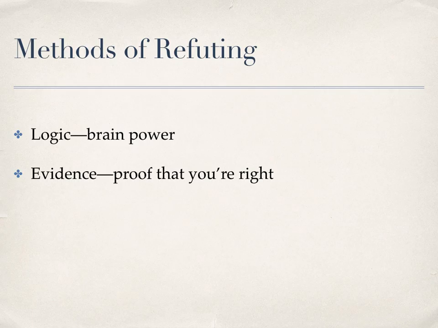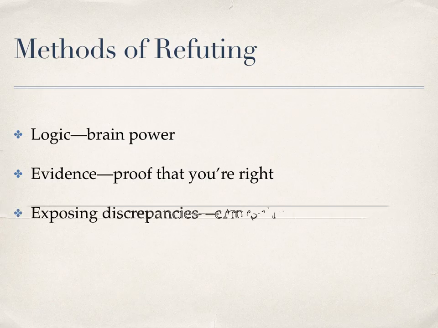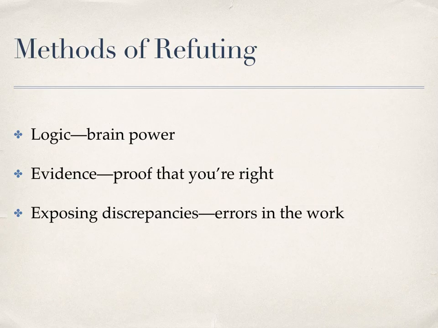You might quote what you know of the laws of science. Any kind of proof that would prove that this person is wrong and you're right. And exposing discrepancies. These are actual errors in the work. So the evidence is proof that you're right. The discrepancies are the errors in the person's actual work.